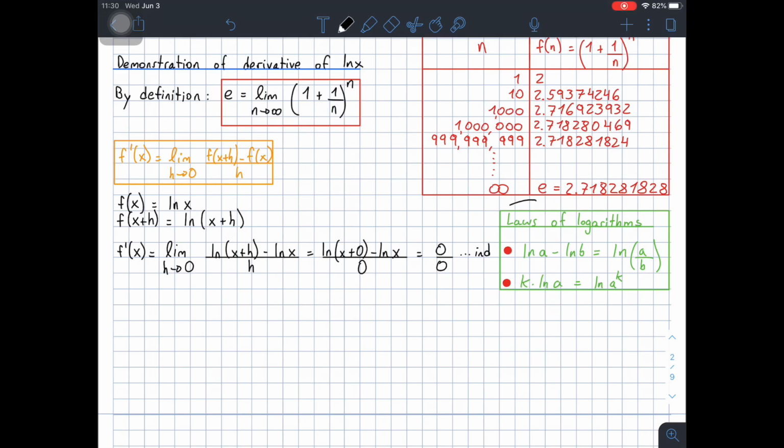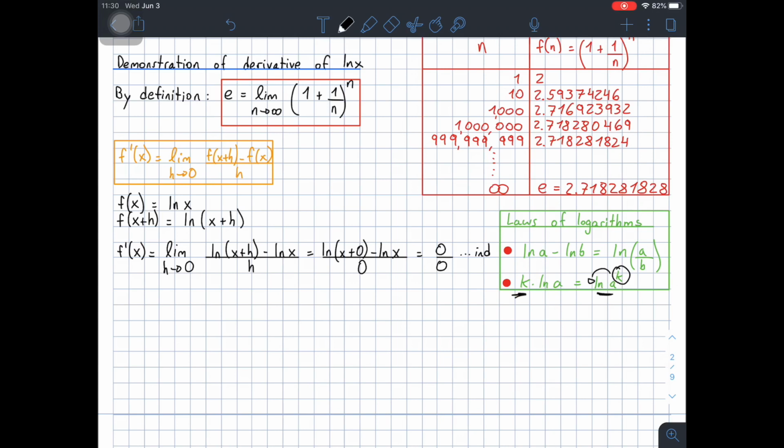How do we solve the indetermination? We need to remember some laws of logarithms. One law is that whenever we have a subtraction of two natural logarithms, natural logarithm of a minus natural logarithm of b, this is the same as the natural logarithm of a divided by b. The second law is that if I have the natural logarithm of a to the power of k, I can take down the k and write it in front.